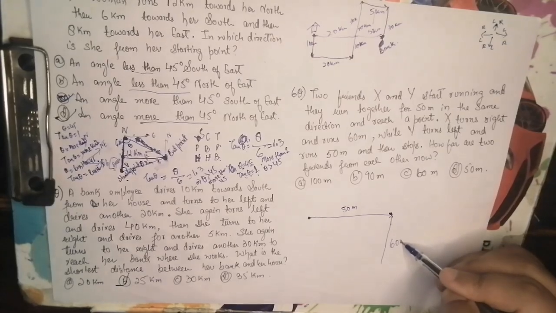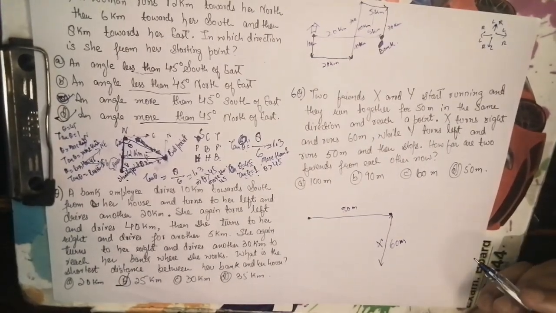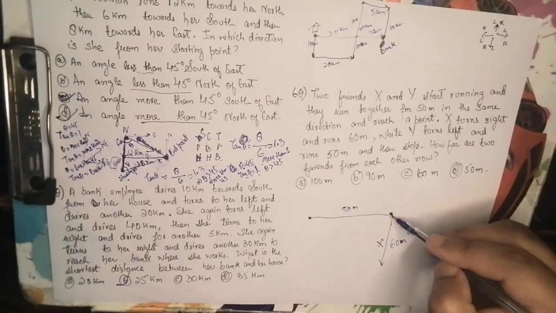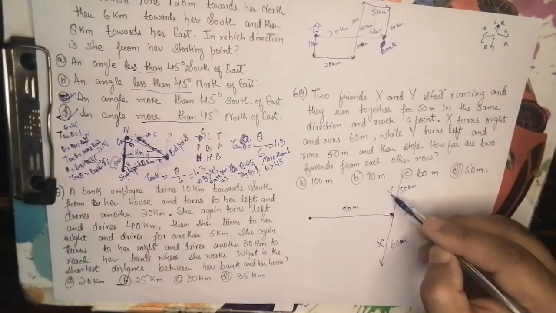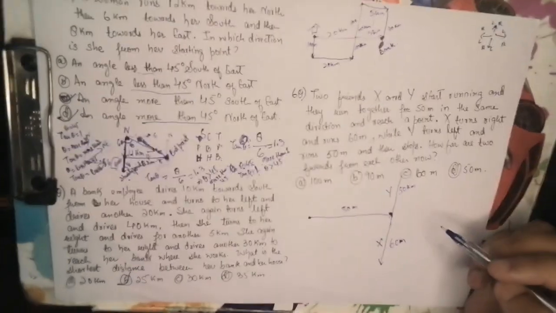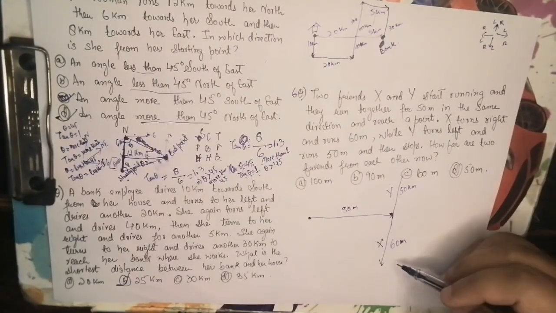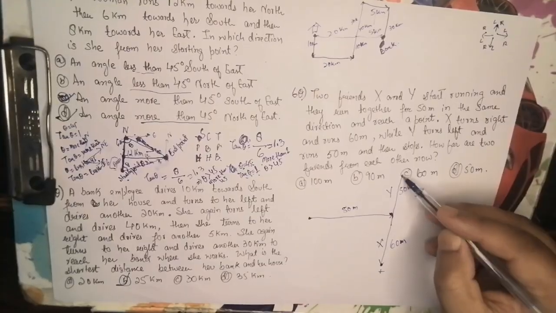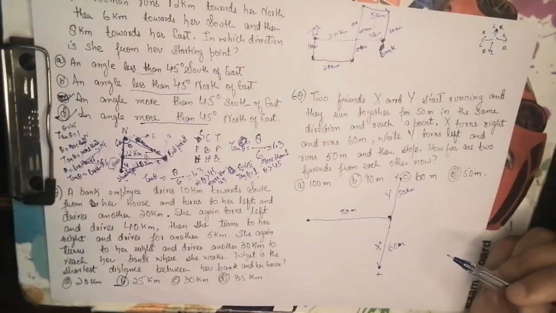This is X turning towards right. Y turns left 50 kilometers. So this is 50 kilometers of Y. And then stops. How far are the two friends from each other? So this friend is here X and this is Y here. So they have distance between 60 plus 50, 110.